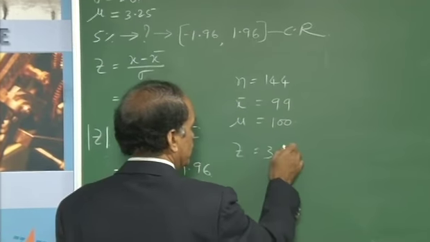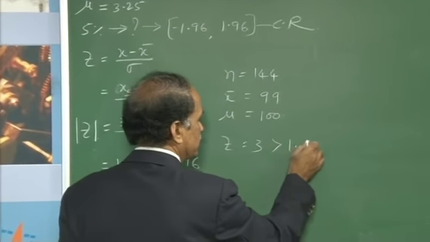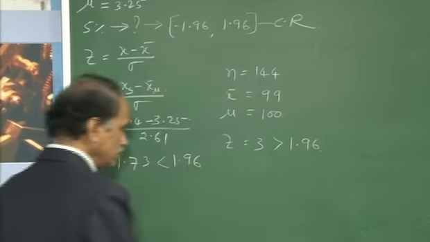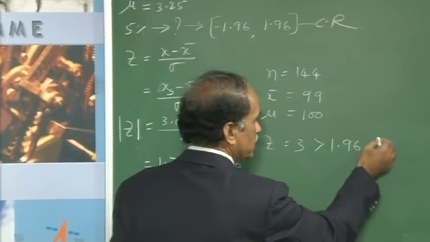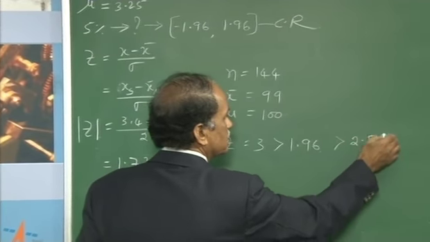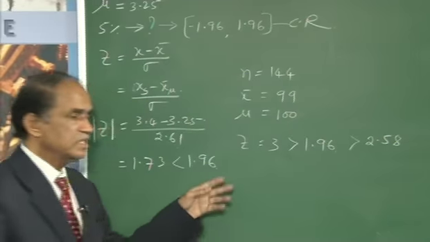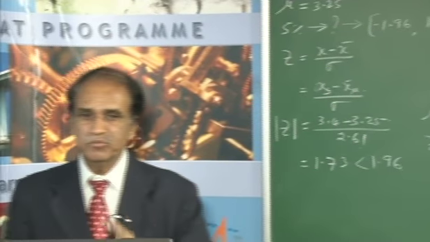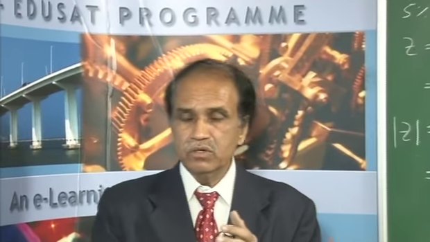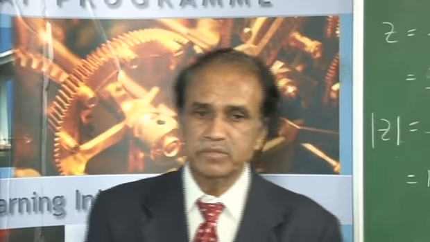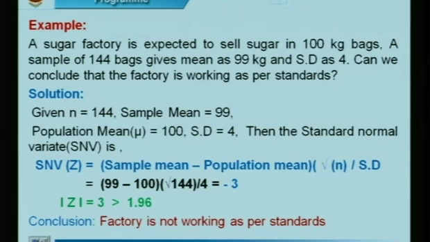we can call it z test 3, that is greater than 1.96, and it is also greater than 2.58. So obviously it does not match both the values, even though all the values are clearly given in the statement, because no extra calculation is needed.